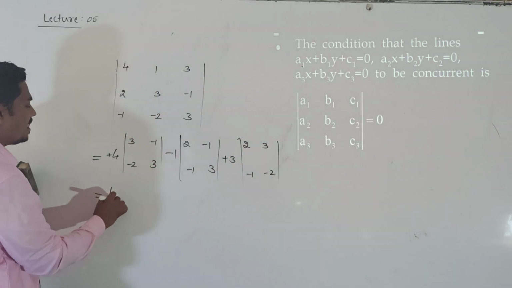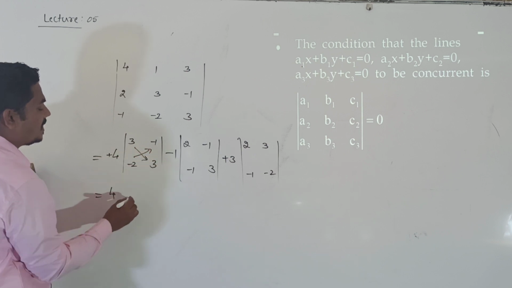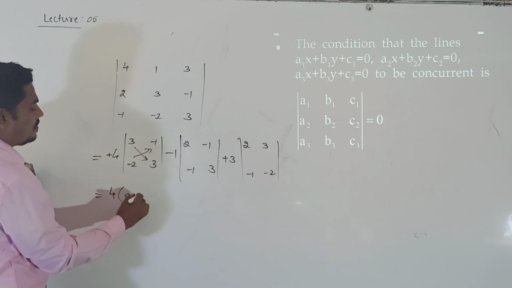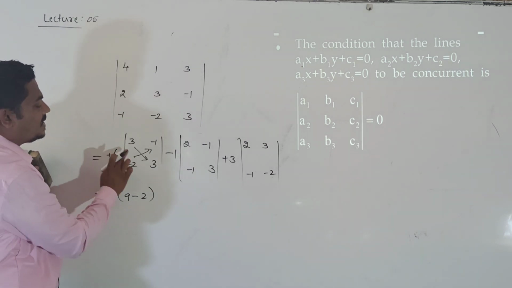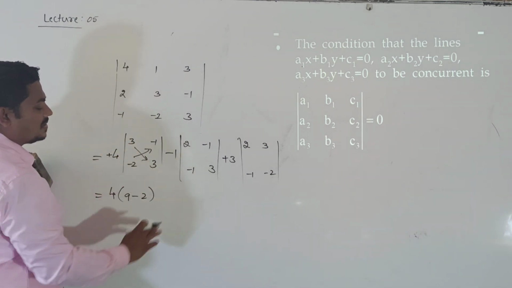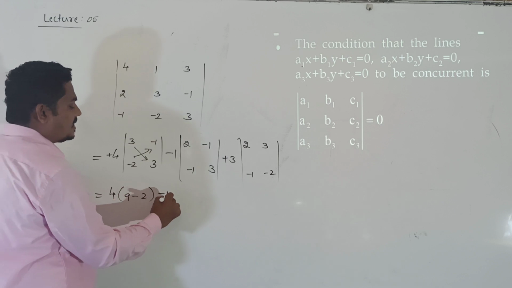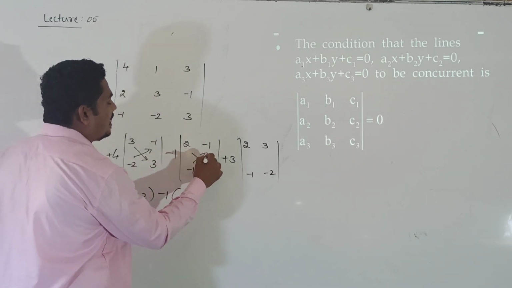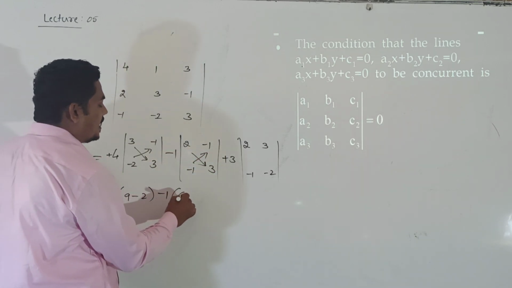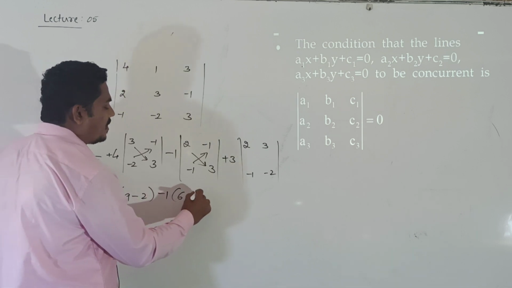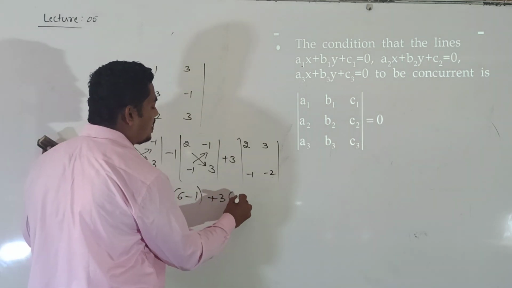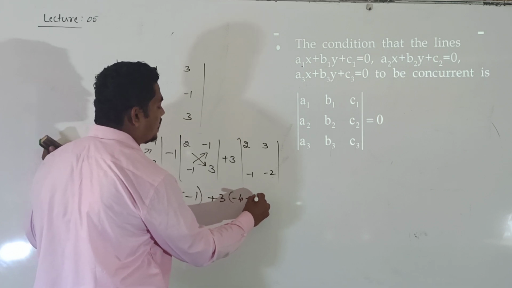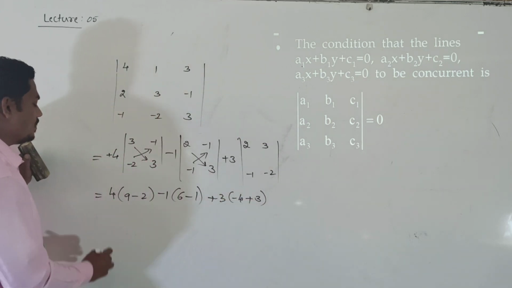Then 4 into the product of diagonal elements minus non-diagonal, 9 minus 2 only. Multiply these two minus multiply these two, right? Minus 1 into again the product of diagonal elements minus non-diagonal, it will be 6 minus 1. Plus 3 into the product of diagonal elements minus non-diagonal elements, minus into minus will be plus.